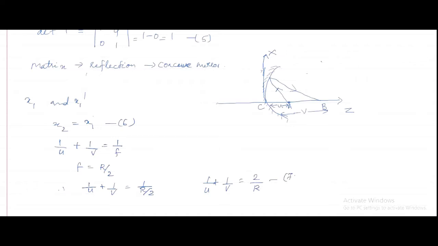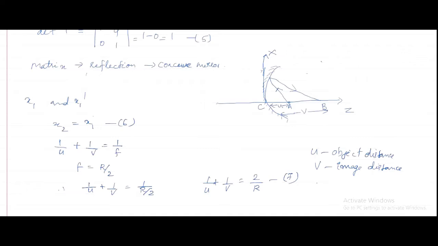Let this be the next equation. So here u and v represent the object distance and image distance respectively from the mirror.